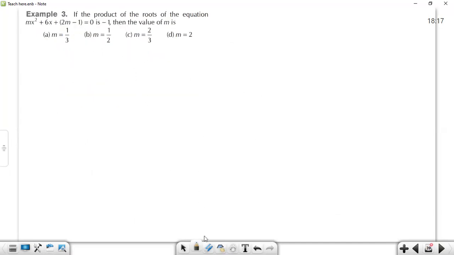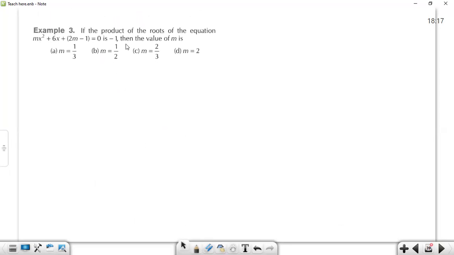It is given that the product of roots of the equation is minus 1. So the given quadratic equation is here. What is the product of roots, alpha and beta? C by A. Minus 1 is given here, and C by A. What is C here? 2m minus 1, upon A, which is m.